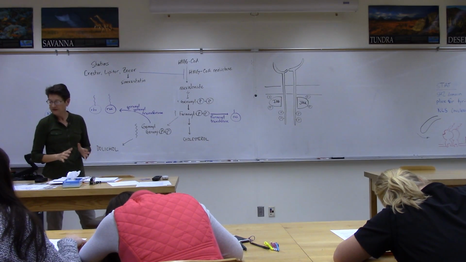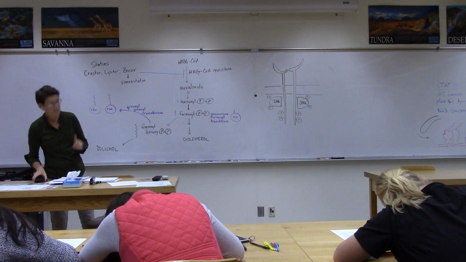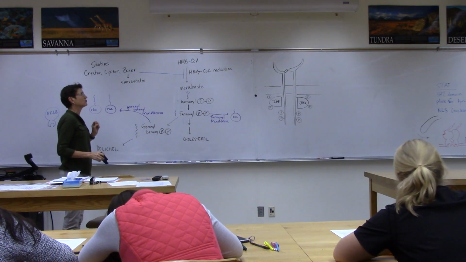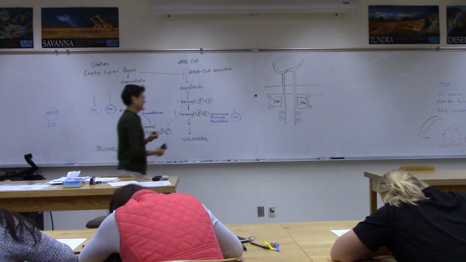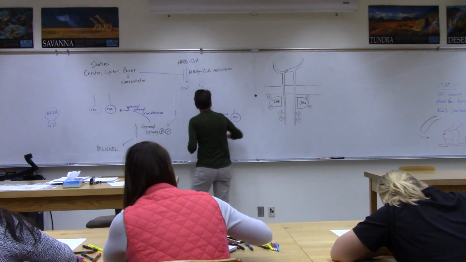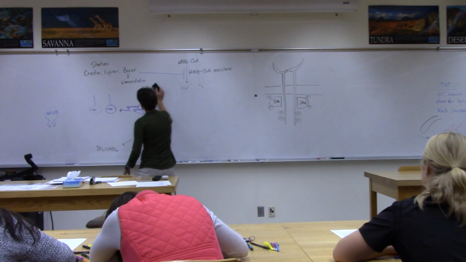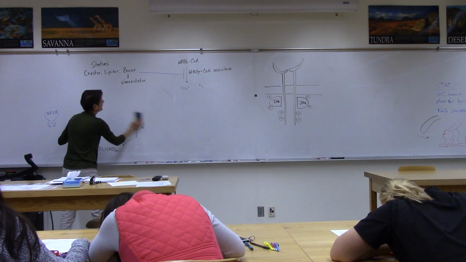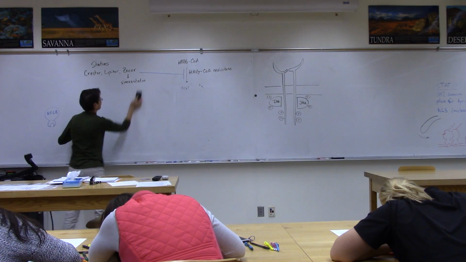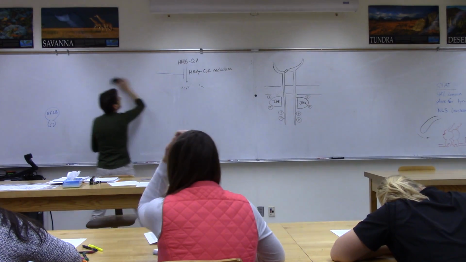Okay, so there's really two kinds of proteins that are great at removing the phosphates from the receptor. Let's say there are two proteins involved in receptor inactivation.